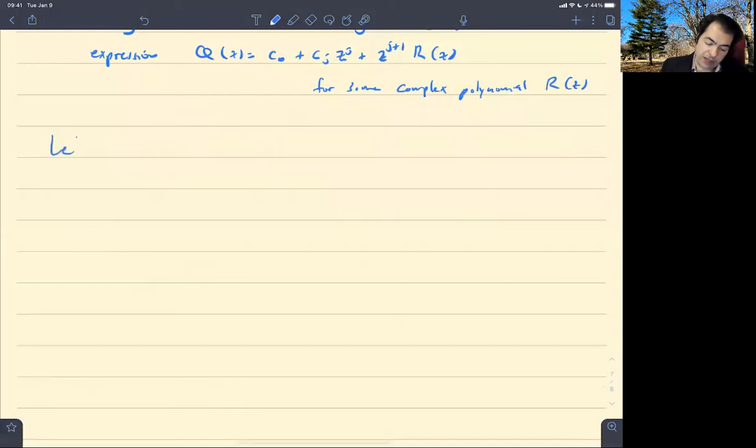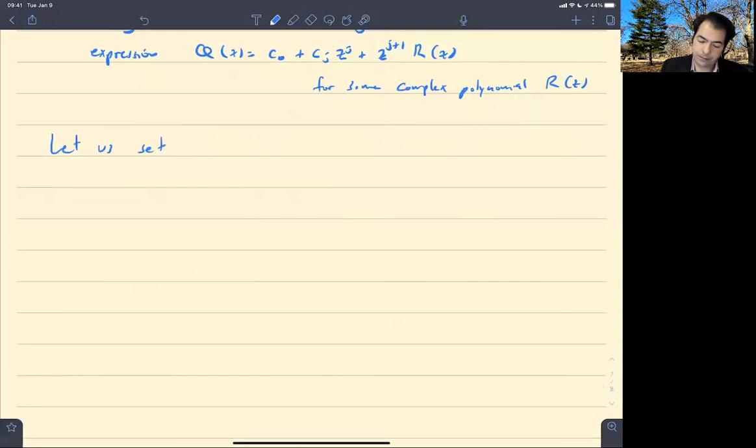Okay, let's set minus C0 divided by Cj to be, well, I'm going to write it in polar coordinates in the complex numbers, which means I can write it like this: r e^(i theta).